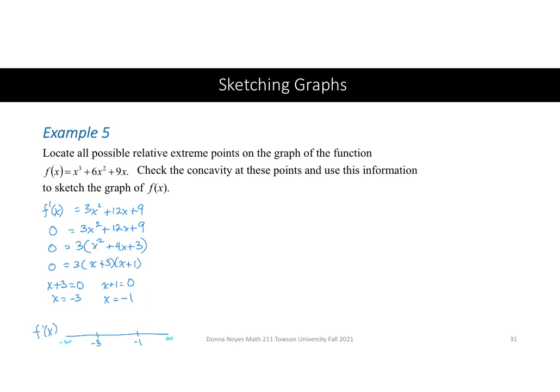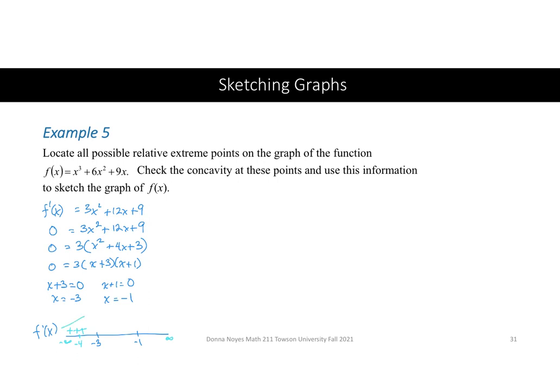So let's test maybe negative 4. If we were to plug in negative 4, we would get negative 4 plus 3 is going to be a negative 1. Negative 4 plus 1 is negative 3. So we're going to have a negative times a negative times a positive, which is going to give us a positive.